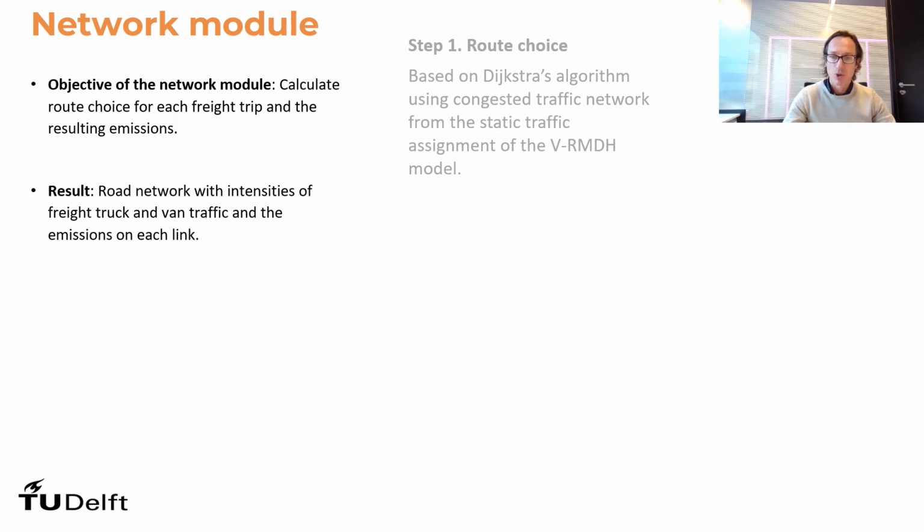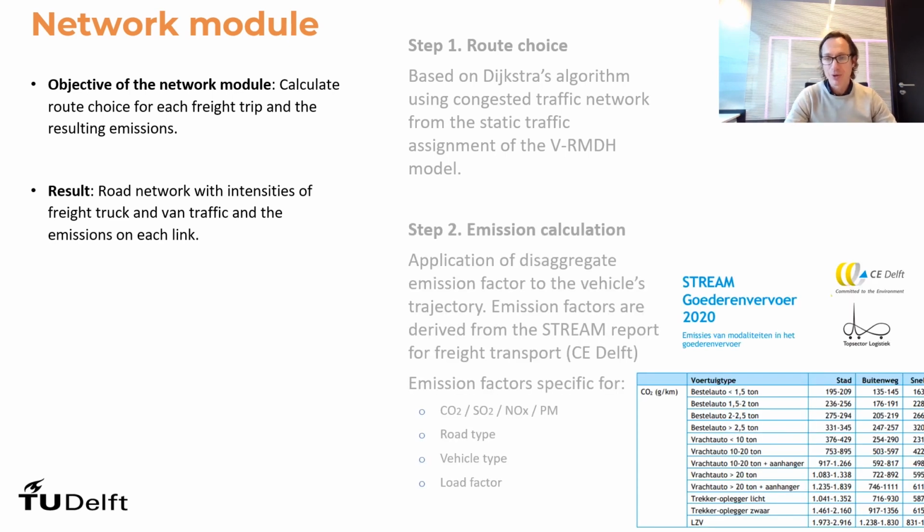Once we have determined the routes of each vehicle, we can calculate the emissions on each of the links that the vehicle drives upon. Emissions are dependent on the type of link. It is known that the emissions on rural roads are lower than on urban roads per kilometer, and on highways they are again higher.